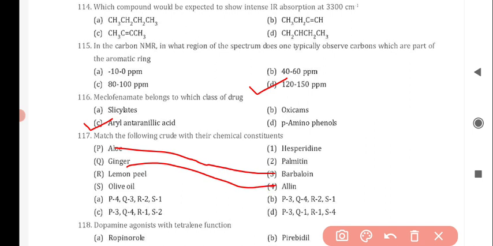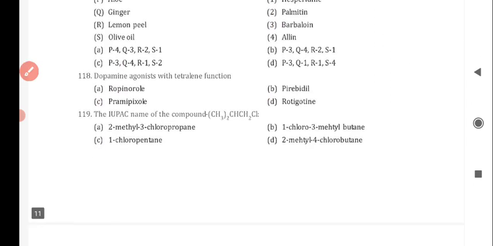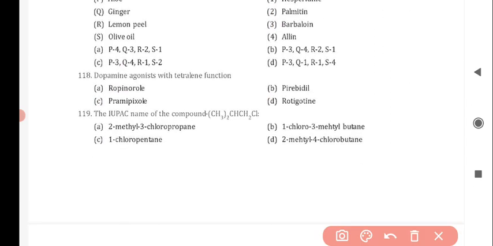For lemon peel, it correctly matches with option number 1, that is hesperidin. And for olive oil, it correctly matches with palmitin. So option C is correct for this question. Next question is dopamine agonist with tetralin function, and the correct answer for this is option D, that is rotigotine.